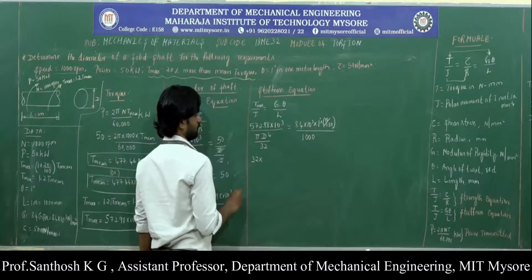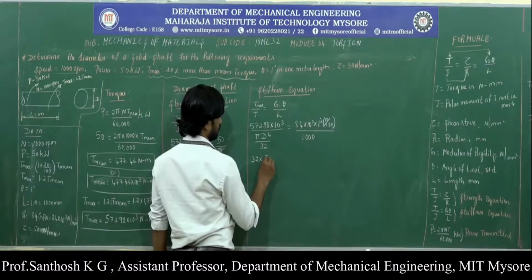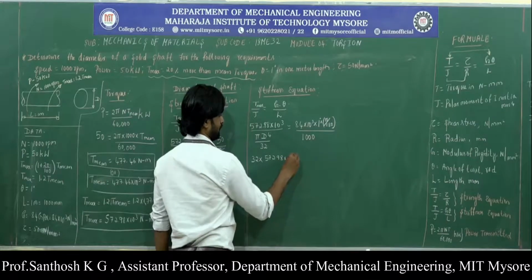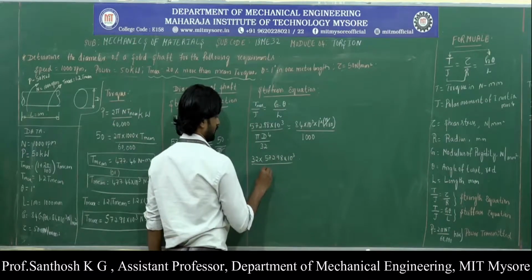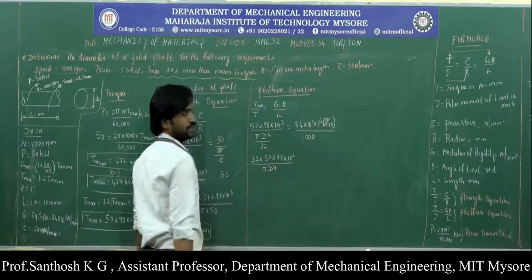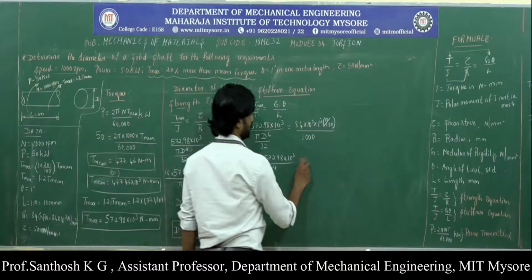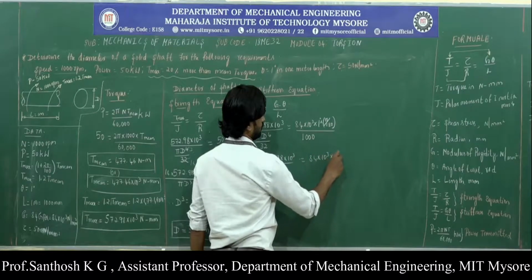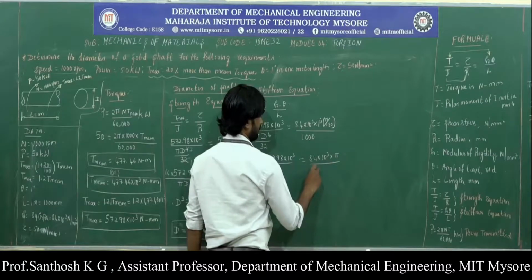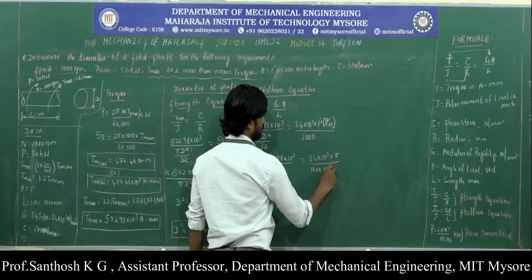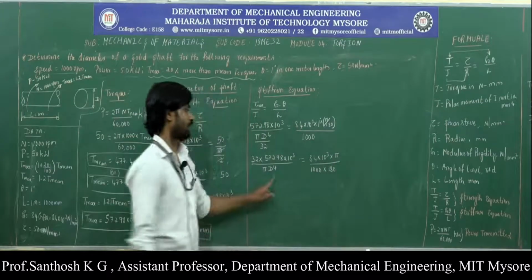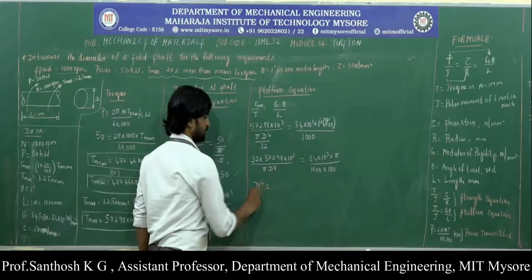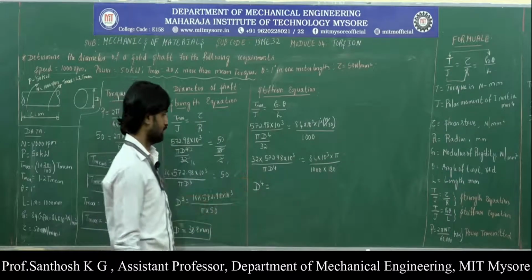Rearranging the terms, we get 32 into 572.98 into 10 to the power of 3 divided by pi into d to the power of 4 equals 84 into 10 cube into pi divided by 1000 into 180. I need the value of d, so I will write the expression for d using this equation.